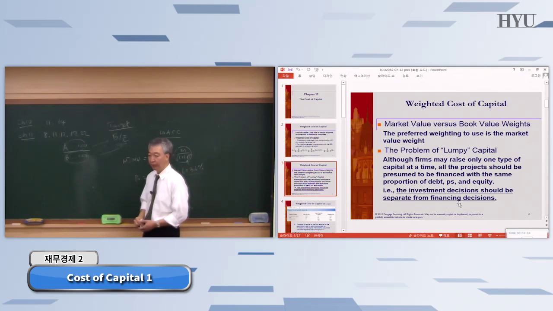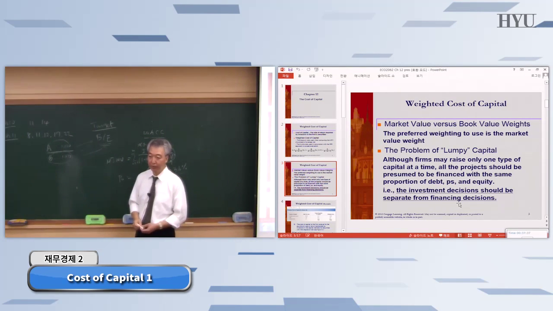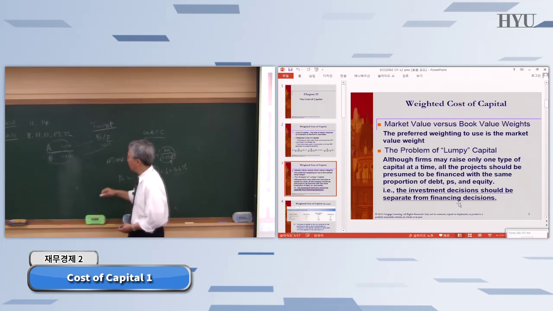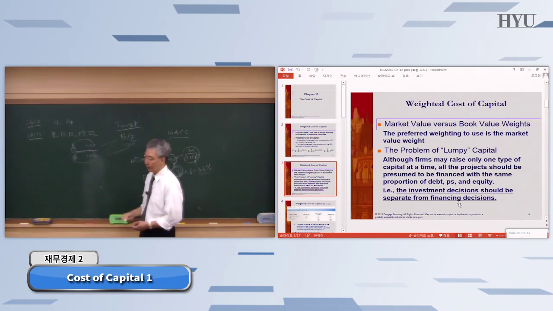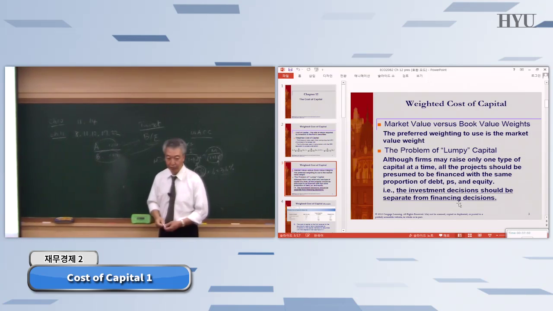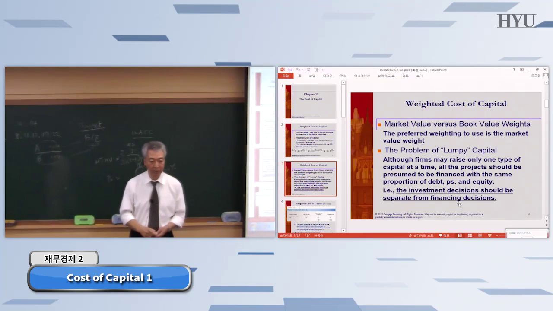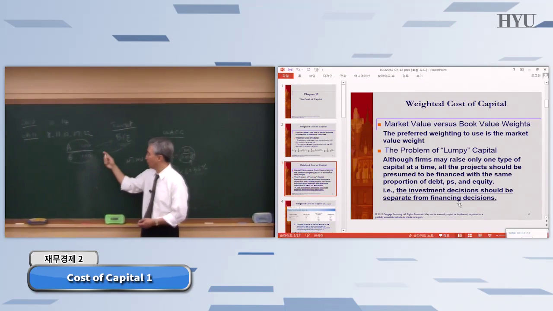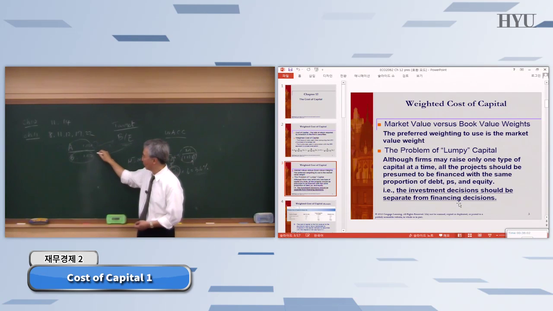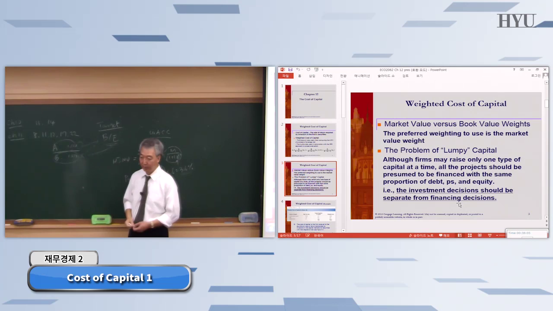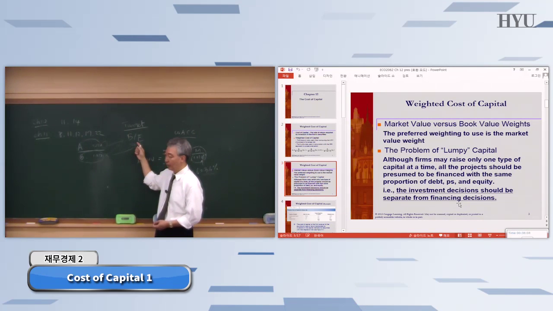The thing is, the cost of equity is typically much higher than the cost of debt. So even though these two projects are identical, they require the same amount of money, same amount of return, and same level of risk, if you use this kind of approach, you may end up accepting this project and rejecting this project because the cost of equity is much higher than the cost of debt.